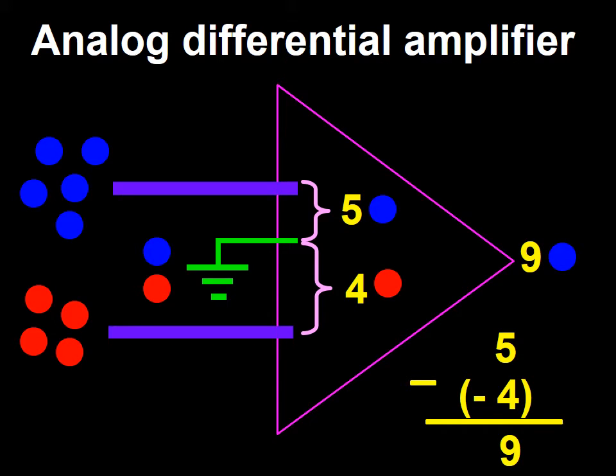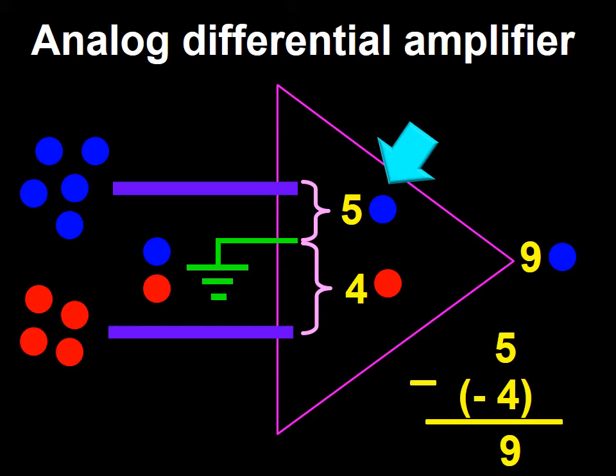The reality is that in a purely analog equipment, the differential amplifier compares the charges, here represented as blue for positive charges, entering through G1 to the charges entering the amplifier through the ground.